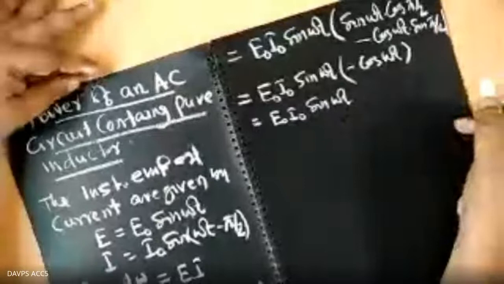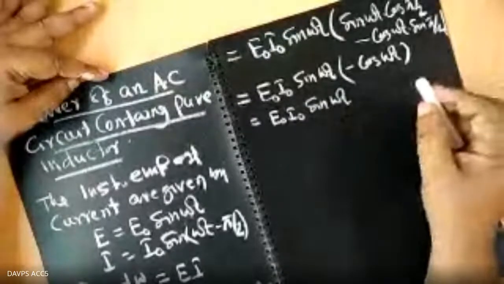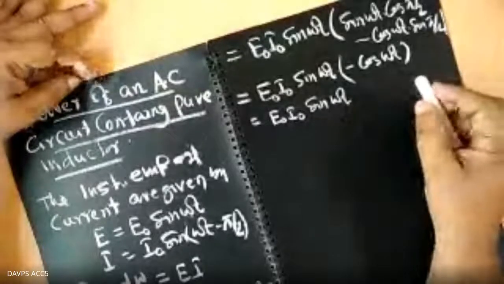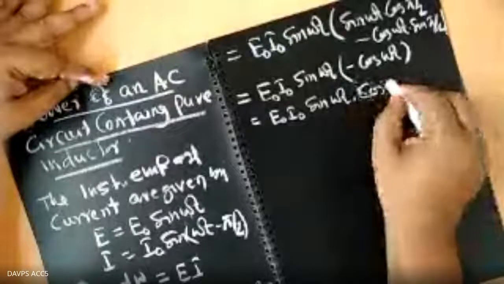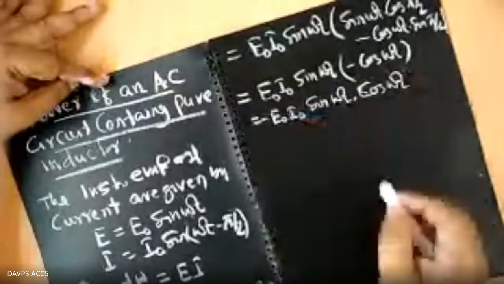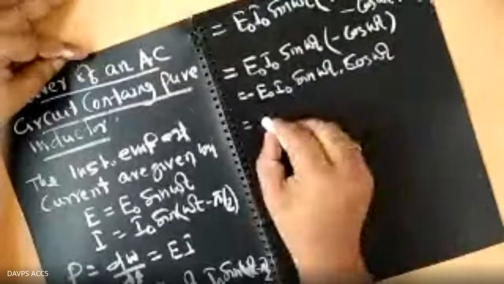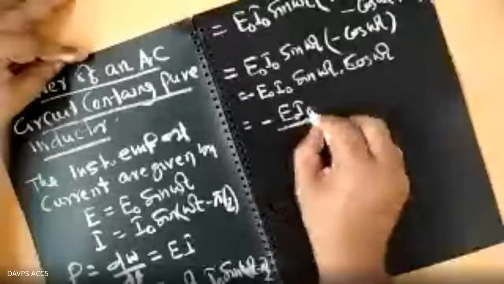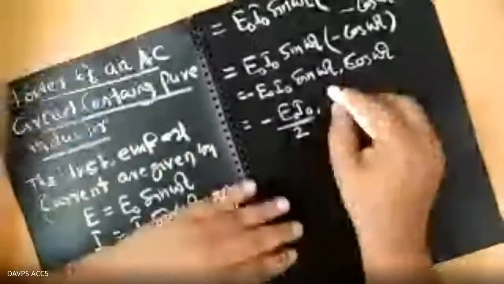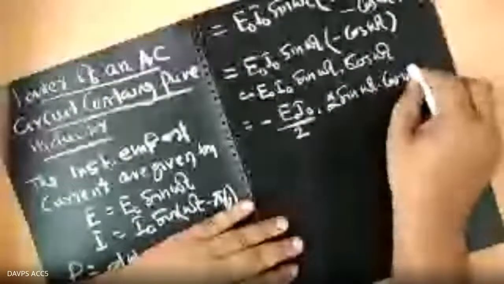minus cos omega t. You just keep it here, cos omega t and minus sign is here. If I multiply 2, that is minus E naught I naught by 2 into 2 sine omega t into cos omega t.